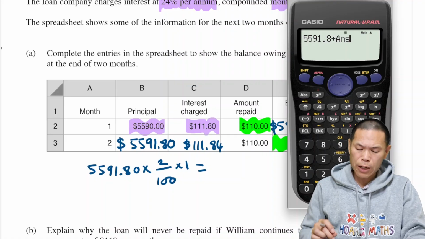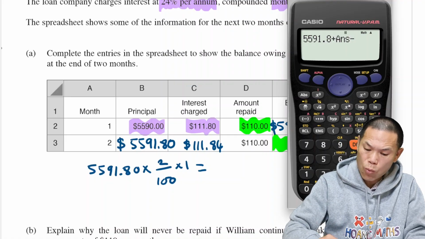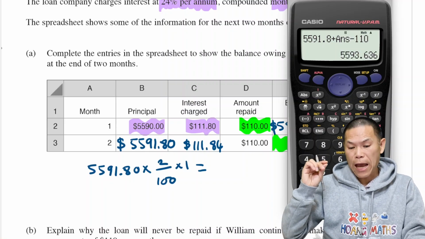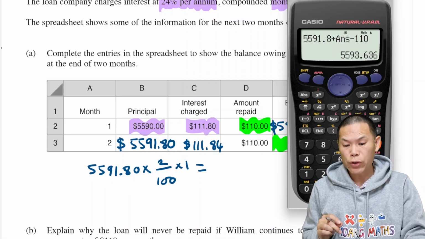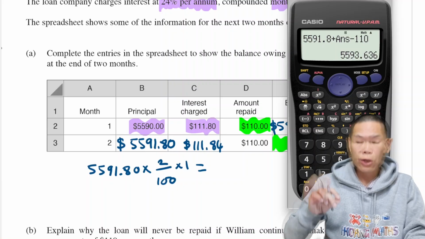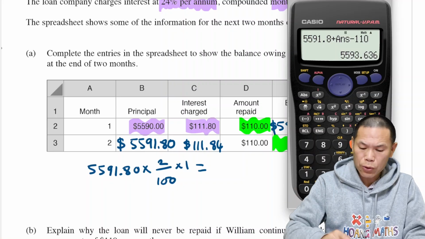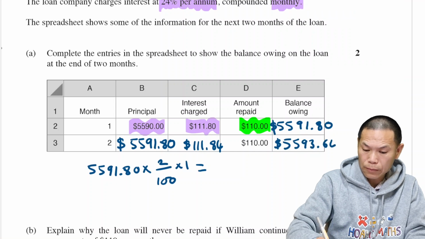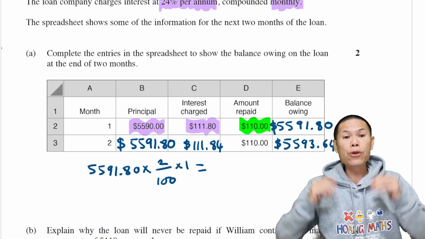We just did that a minute ago. Then we minus 110. There you go. So that is $5,593.64. So 5593.64. Let me clear this. So there you go.